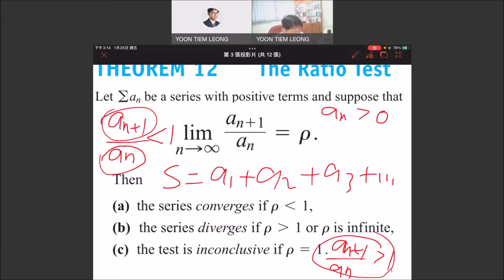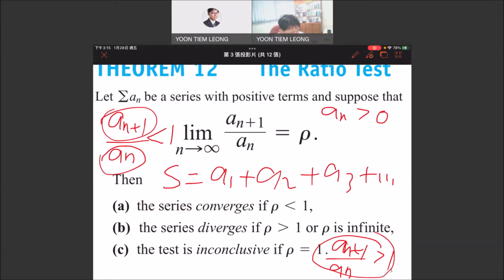In such a situation, you don't expect the series to converge. The series is made up of the sum of a1 plus a2 plus a_n up to infinity. If the term a_infinity is going to become infinity, then there's no chance for the sum to converge. Anyway, this is a very simple test, and it's easy to use.